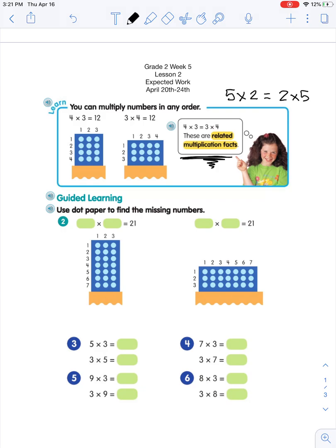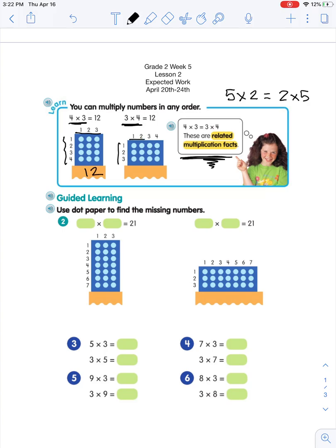So say with me, 4 times 3 equals 12. Now say 3 times 4 equals 12. Great. We see that just because you swap the placement of these two numbers, you still get the same answer. I can have 4 rows with 3 in each row, and my total will be 12.